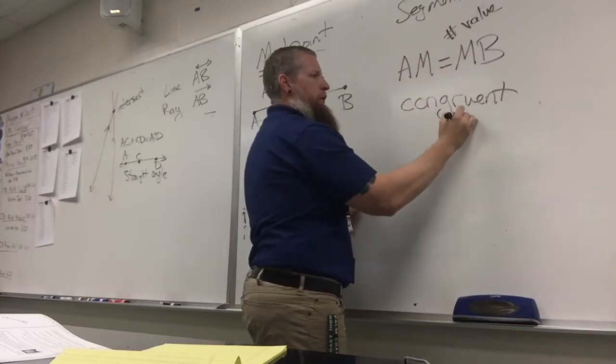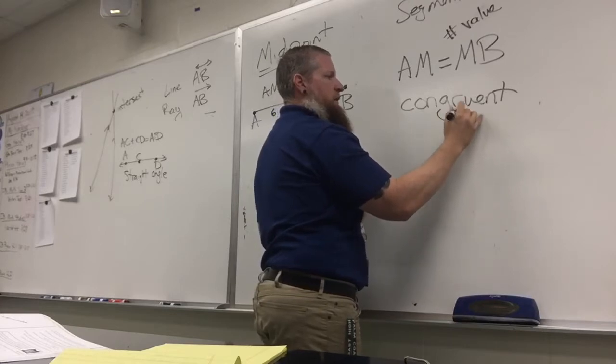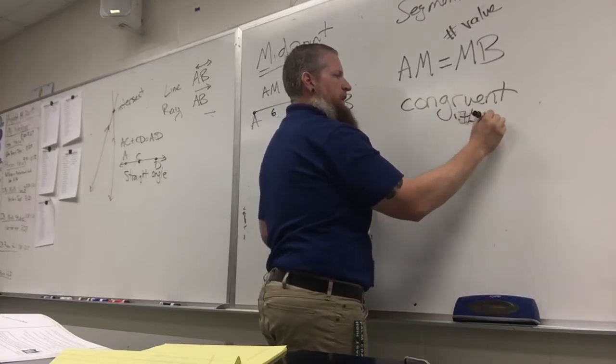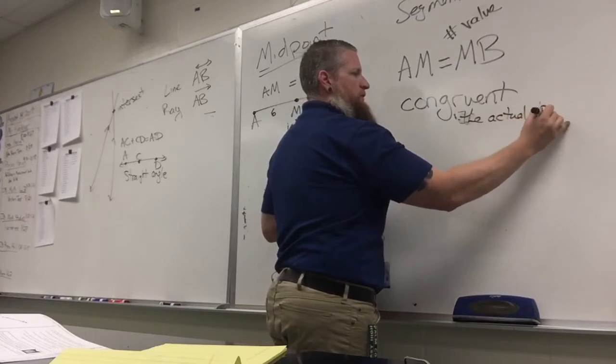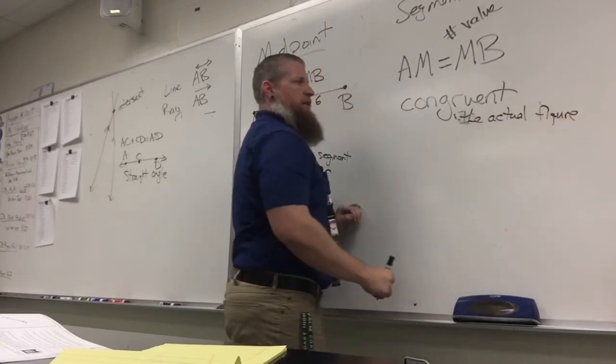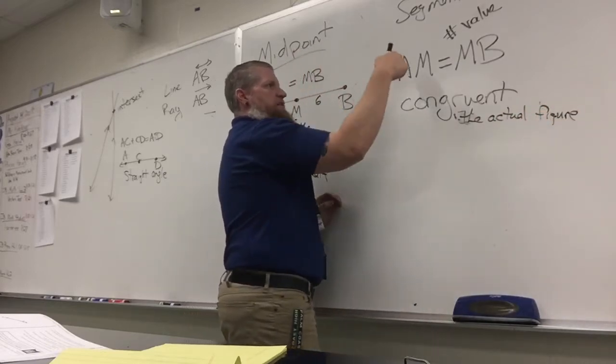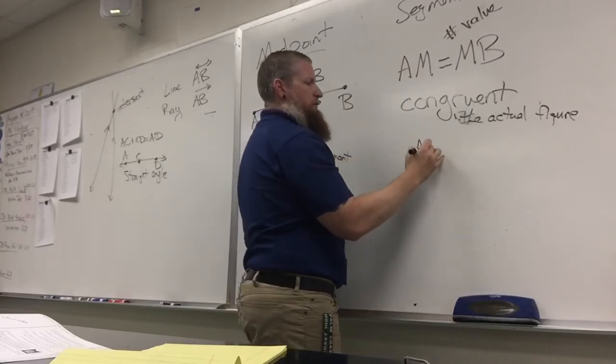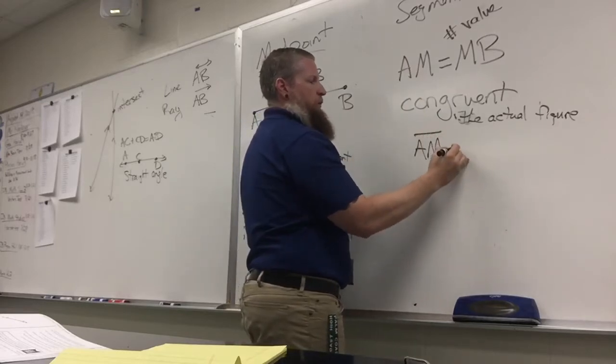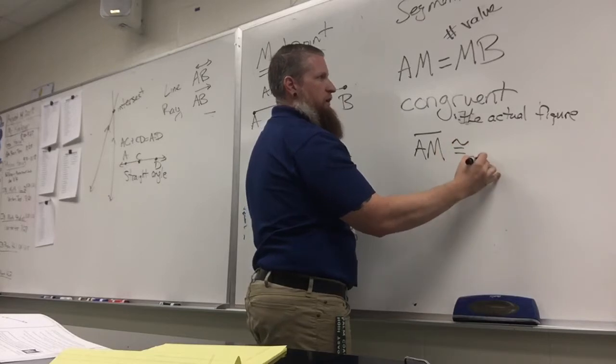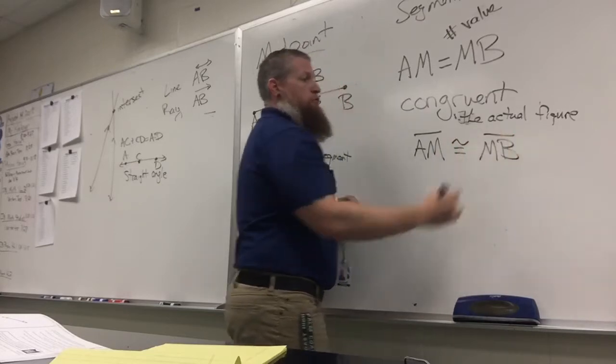If things are congruent, this is you talking about the actual figure, shape, whatever the heck is going on there. So if I was saying that, hey, since they're equal, they're also congruent, if I'm going to write this, again, when we get to this further down, we'll talk about it a little bit more. You'd write it with the segments.